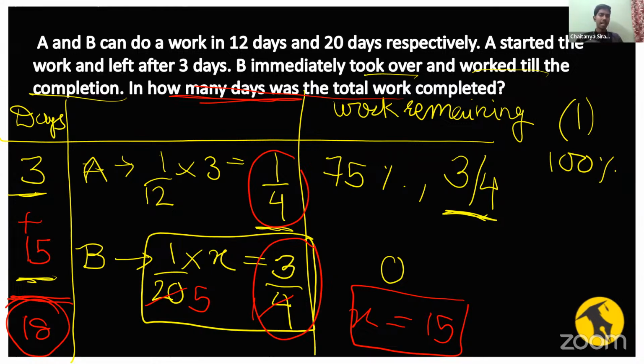These are just one step higher in terms of level of difficulty, but if you practice more and more sums, you can solve them within seconds. Always look out for what is asked in the question. Sometimes they will ask for how many days B worked. In that case, the correct answer would be 15. If they ask for the total number of days, the answer will be 18. All right. Let's move ahead.